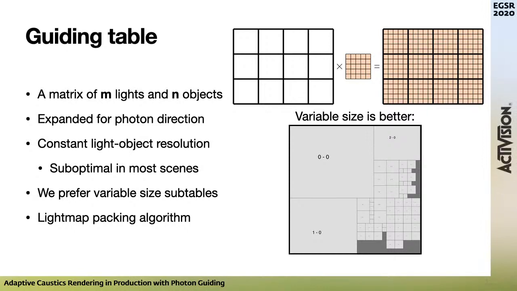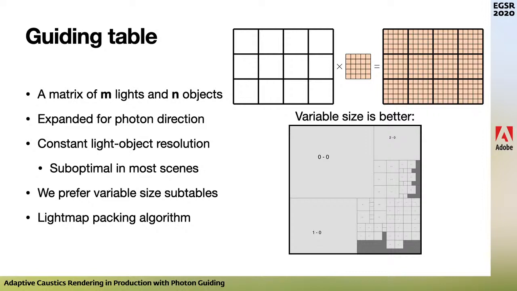We can expand this matrix by some fixed resolution, like you see in the drawing on the upper part, and we create a bigger table. This table will let you choose not only the light and object, it will also choose a cluster of directions, which narrows down even further the direction you're going to sample.